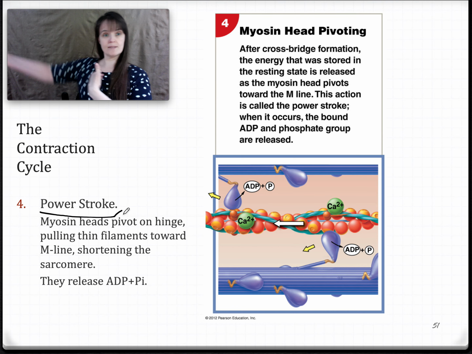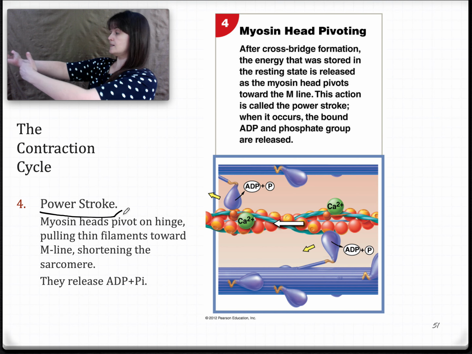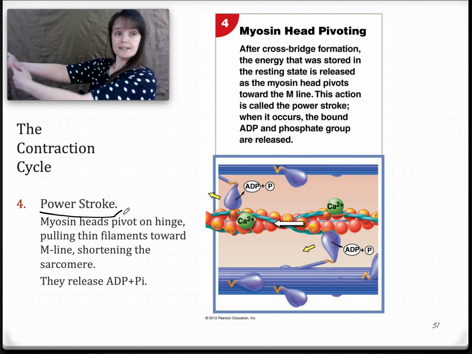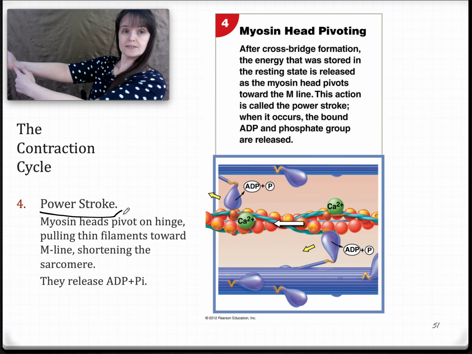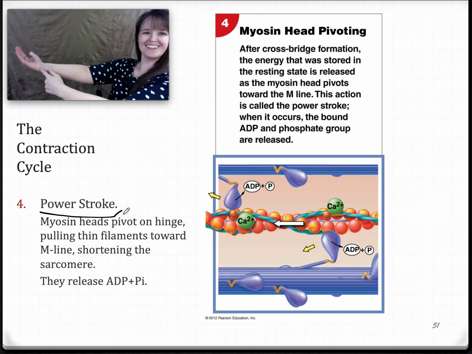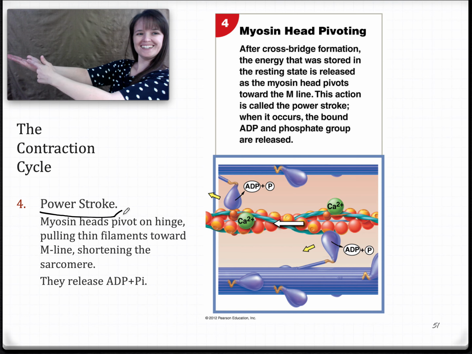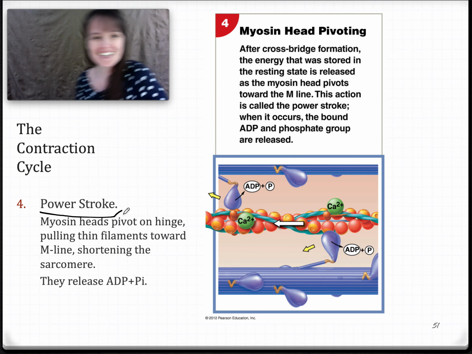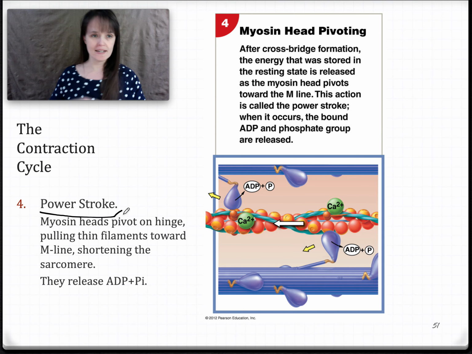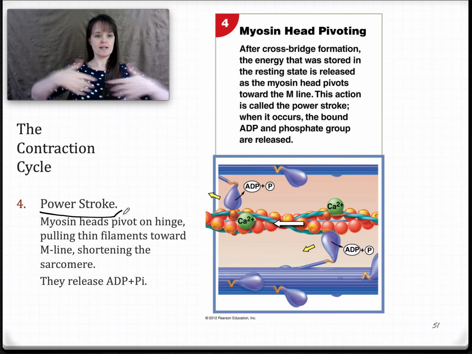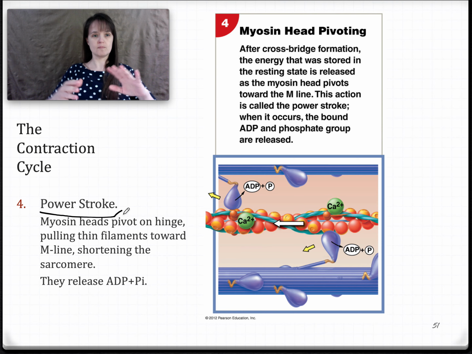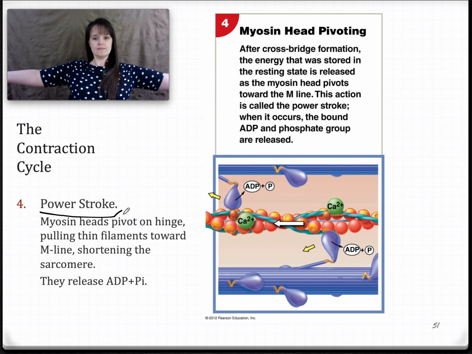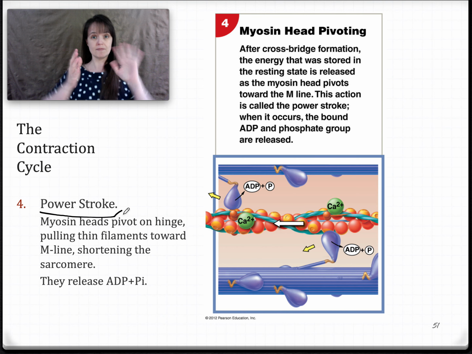So if I'm the M line and this is the tail, and here's the hinge, and here's the myosin heads. The myosin heads attach, and then they bloop, and that's the power stroke. And I'm the M line, so I've got both myosin heads sticking out both sides, attached to 2 different sets of thin filaments.